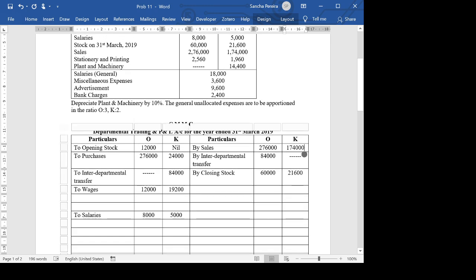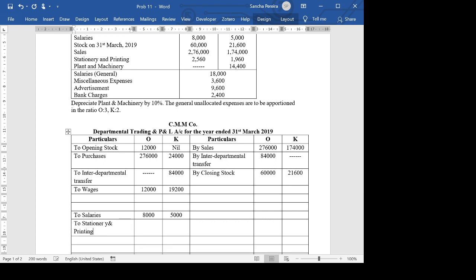Next, we move to the items in the profit and loss account. To stationery and printing, 2,560 and 1,960.